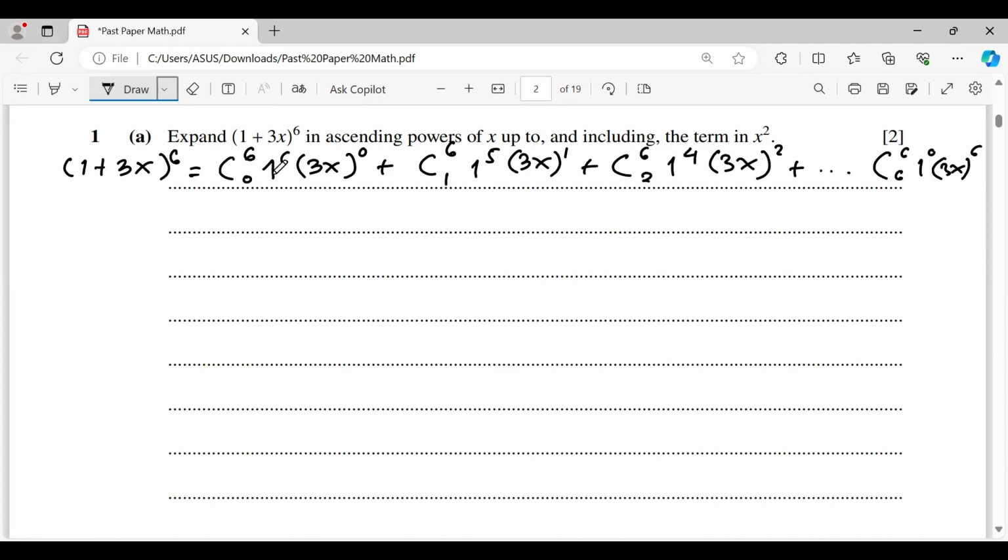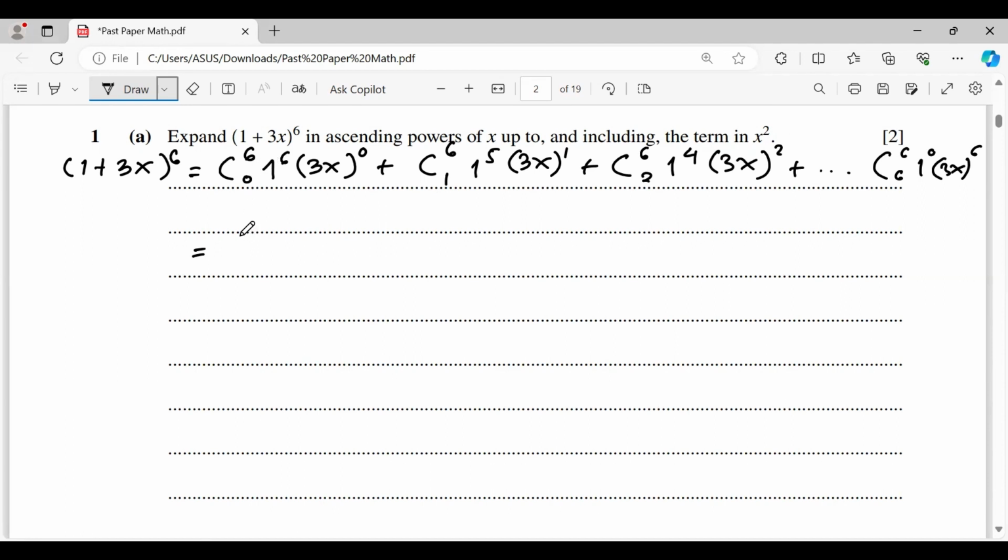But we just calculate this term 1, 2, 3. The maximum is (3x) squared because based on this question, we just find the term of x squared.